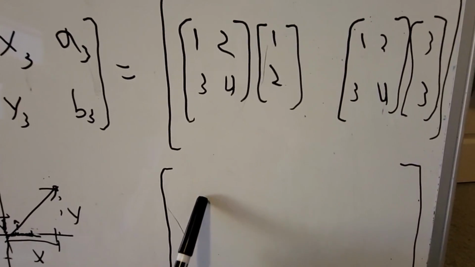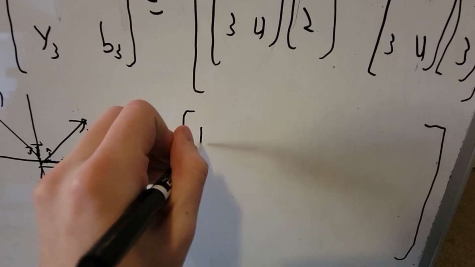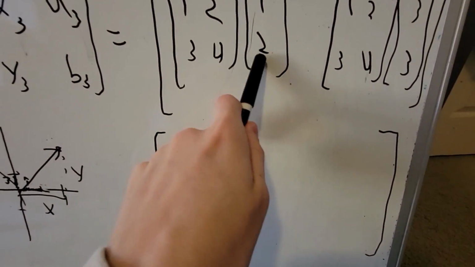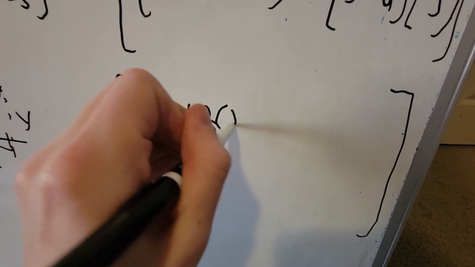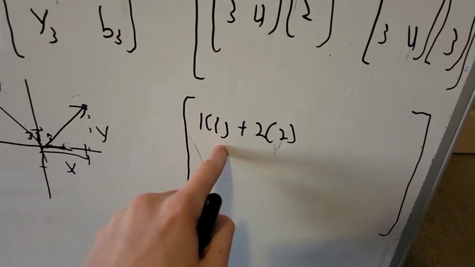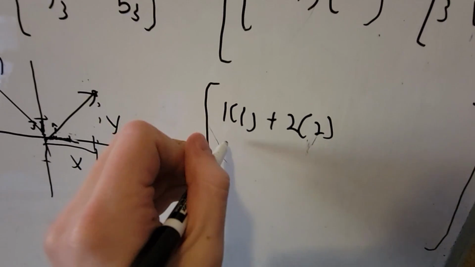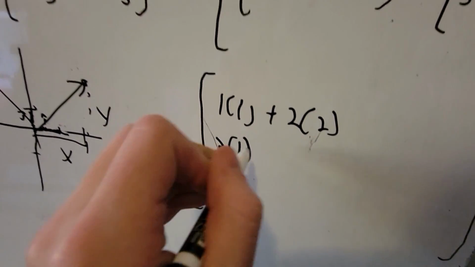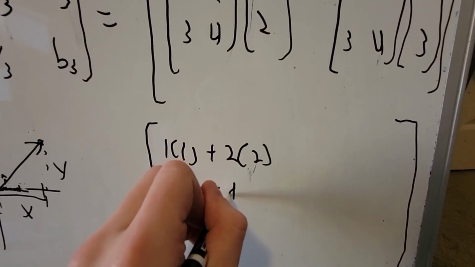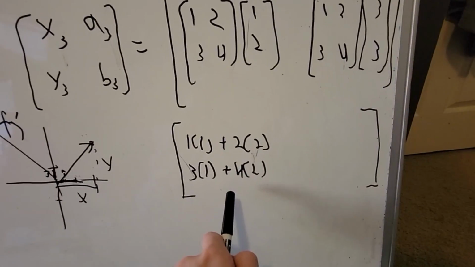So the first term is going to be this times this plus this times this, times 2. This is exactly what we did before. Now we're going to say 3 times 1 plus 4 times 2, and this is our first column.